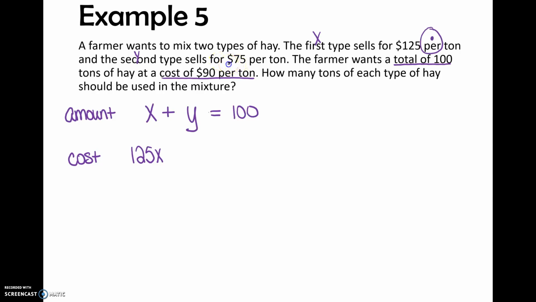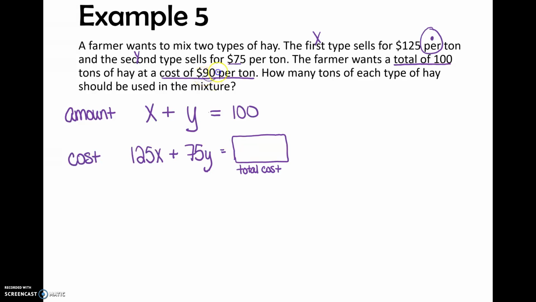The second type is $75 per ton, so 75 times the number of tons we buy, that's how much we're going to spend on the second type. Add those together, and it needs to equal this number, which needs to be the total cost.